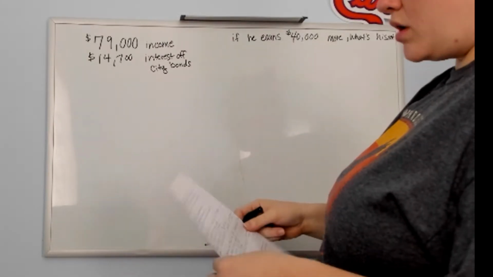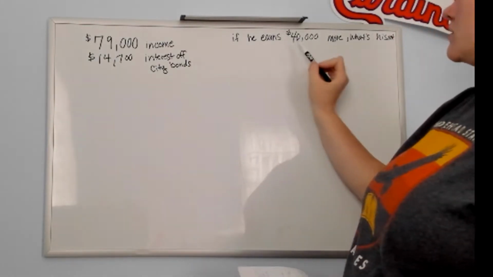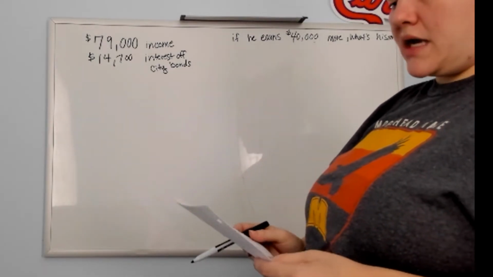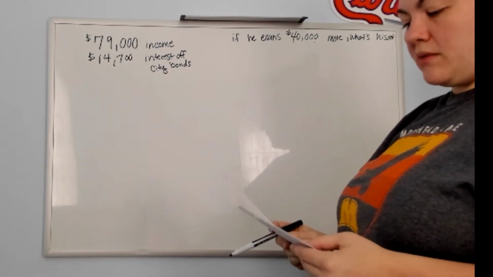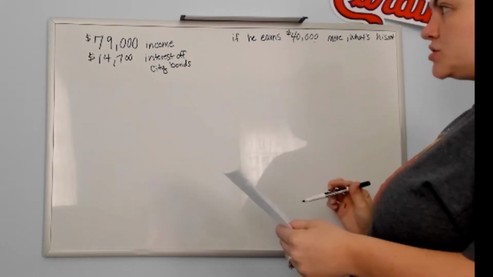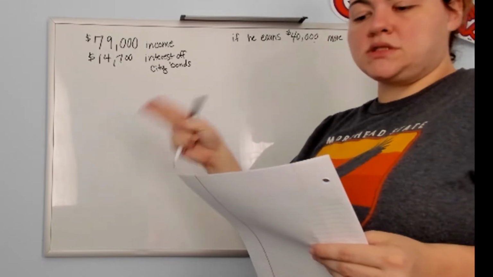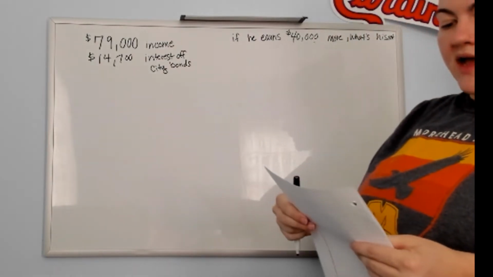Then he's got $14,700 for the interest off of the city bonds. And what we need to find is, if he earns $40,000 more, what will his new marginal tax rate be on that income? In order to do this, you've got to determine the old tax rate for the $79,000.